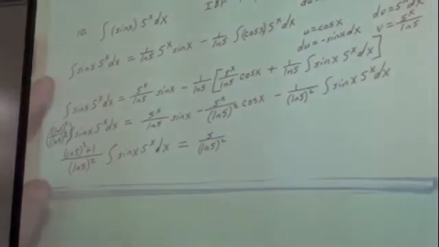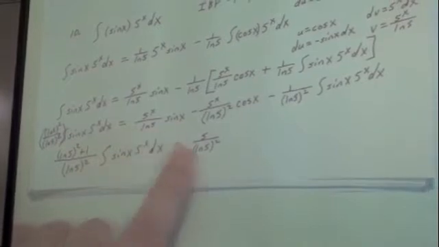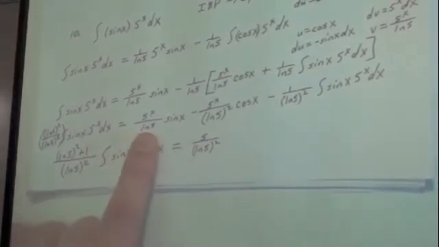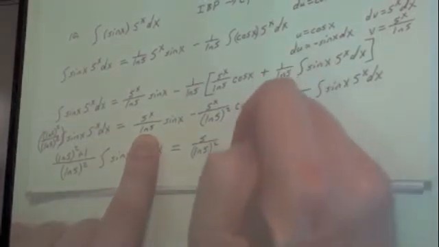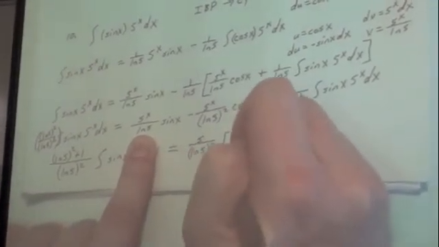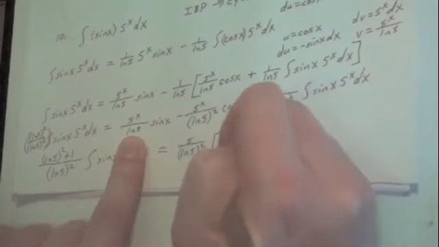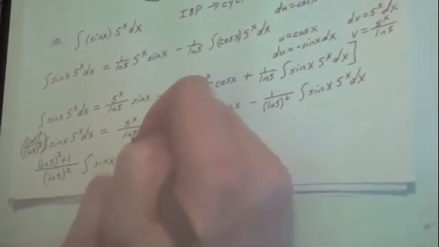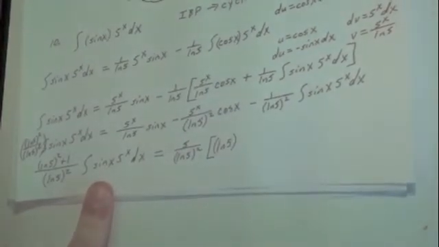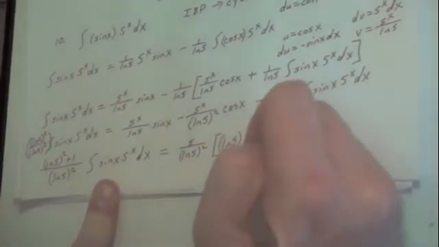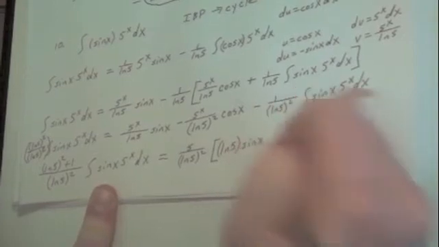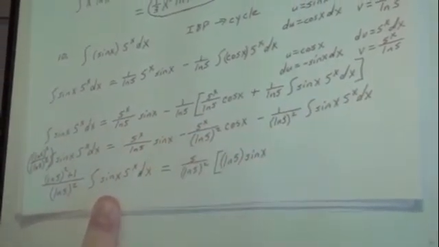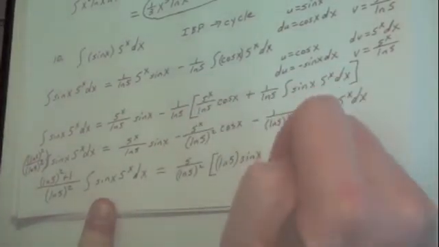When I do that, my first term, I factored out a natural log of 5 squared in the denominator, which means this term has a natural log of 5 left in it, not in the denominator. You would have had to multiply your numerator by natural log of 5 to ensure that your denominator is natural log of 5 squared. So I have natural log of 5 times the sine of x. Now on this side, the entire thing canceled, and I just have minus cosine x.